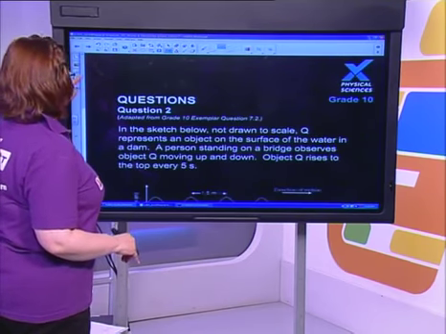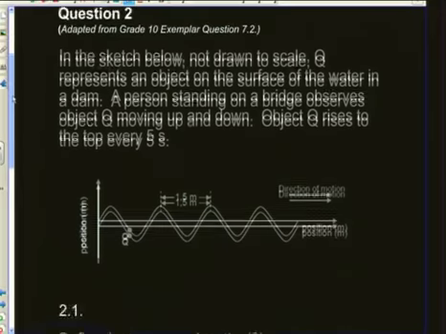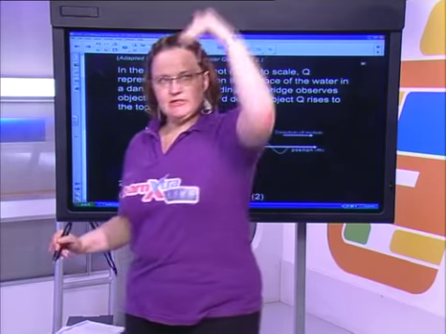Question 2. In the sketch, not drawn to scale, Q represents an object on the surface of the water in a dam. A person standing on a bridge observes Q moving up and down. Object Q rises to the top every 5 seconds. This is important. Every 5 seconds, Q gets to the top of the wave.